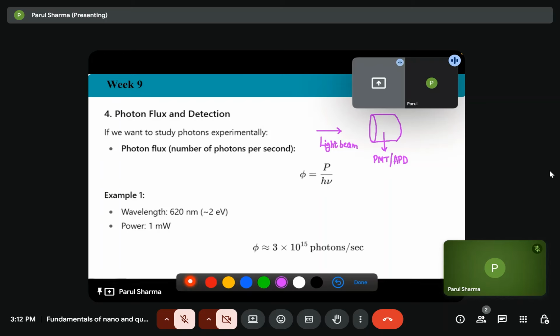So this is our detector, and then we have the counter. The output will be with respect to time.